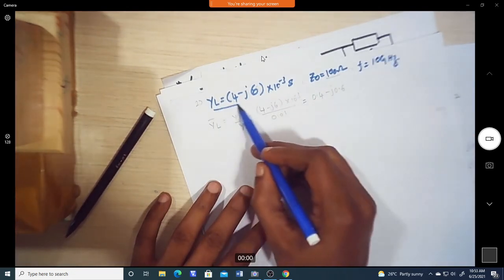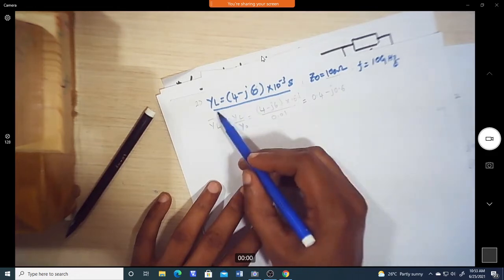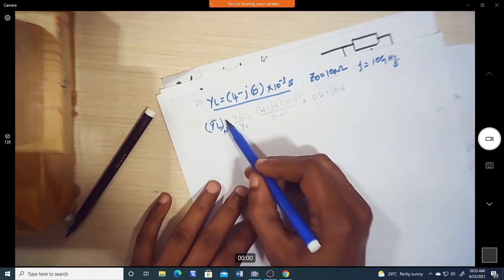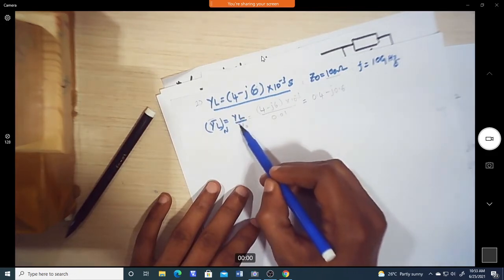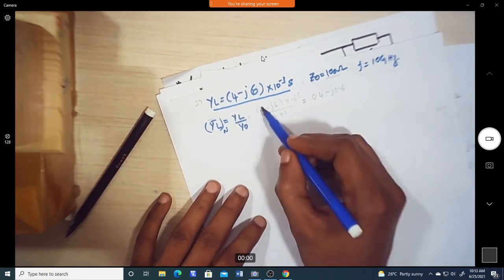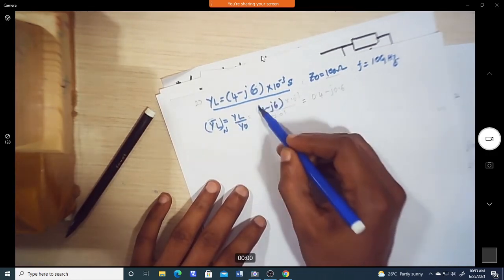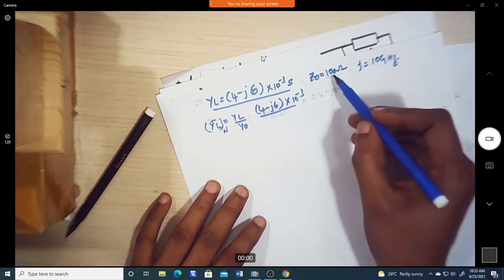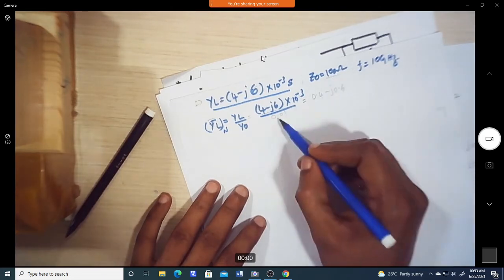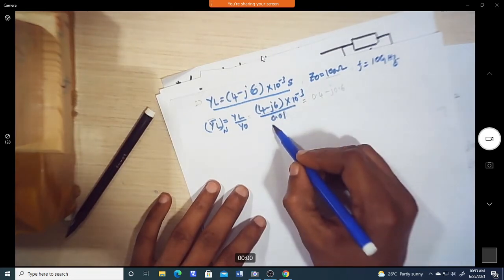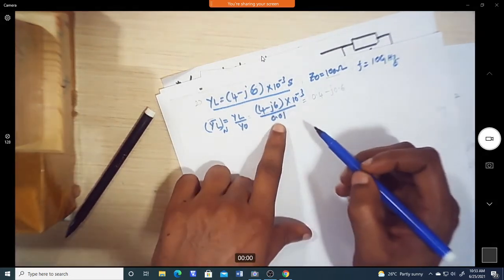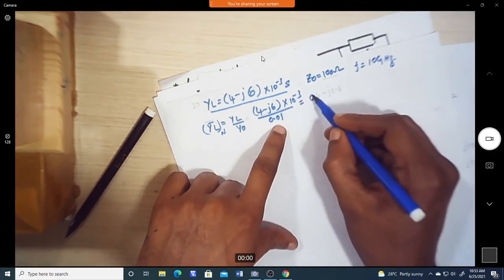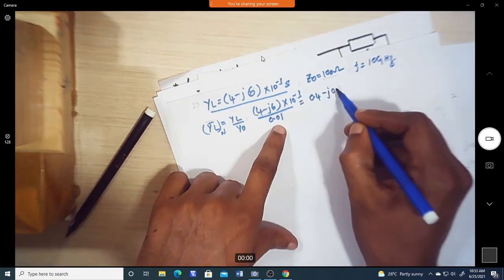Take this and first find the normalized value, YL bar or YL normalized, which is equal to YL by Y0. This is 4 minus j 6 into 10 power minus 3 divided by Y naught. Since the characteristic impedance is 100, Y naught is 0.01, so we get 0.4 minus j 0.6.